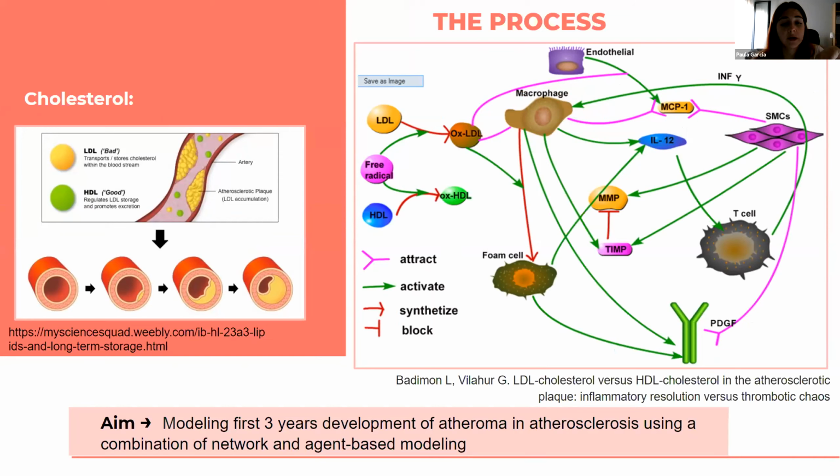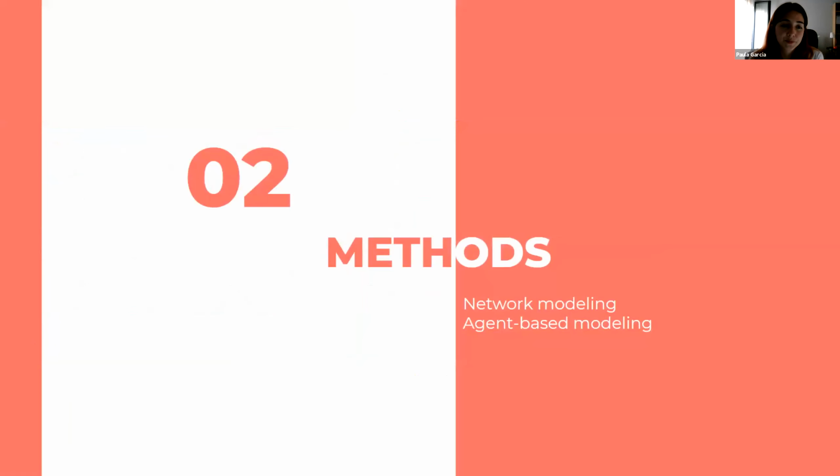HDL helps prevent atherosclerosis by removing cholesterol from foam cells, limiting inflammatory processes in atherosclerosis. It is relevant to specify the risk associated with combined levels of LDL and HDL. And this is what this project addresses, which is modeling the 3 initial years of development of atheroma and atherosclerosis using a combination of network and agent-based modeling.